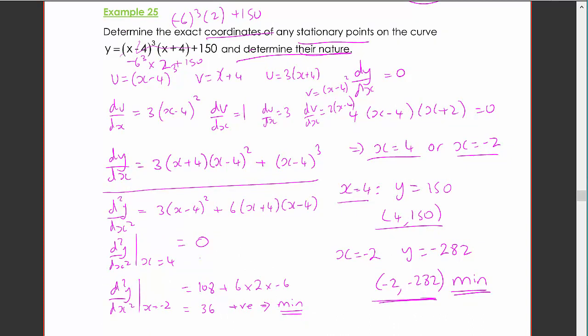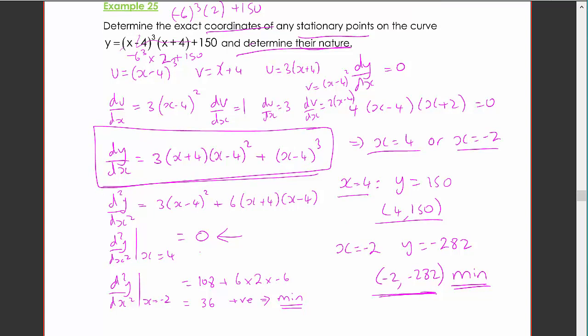Now, so we've got the second derivative coming to 0. So what I need to do now is go back to the first derivative.